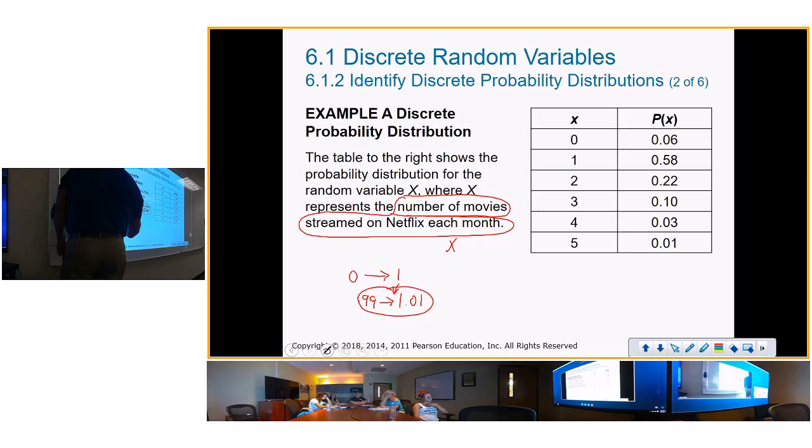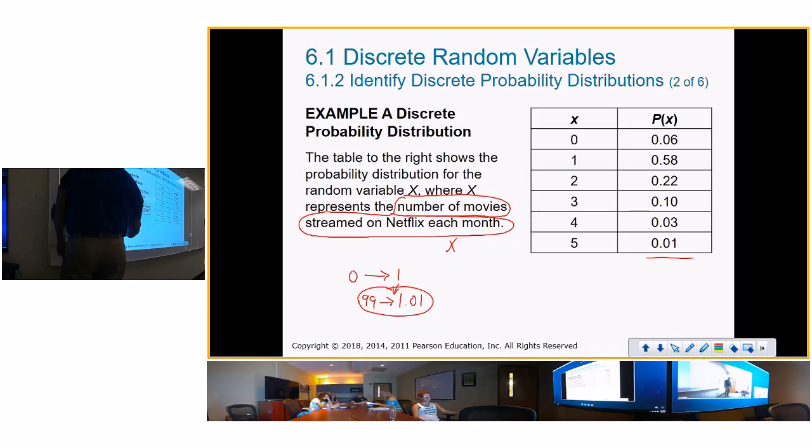So if you add all these up, first of all, are all these positive? Yes. So you can keep going. Are all of them between 0 and 1? Are all of them between 0 cents and $1? Yes. If you add them up, let's see what we get. Well, 58 and 22, that'll make 80, 86, 96, 99, and $1. So yes, it equals 1.